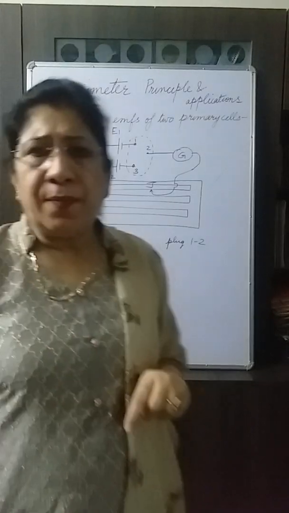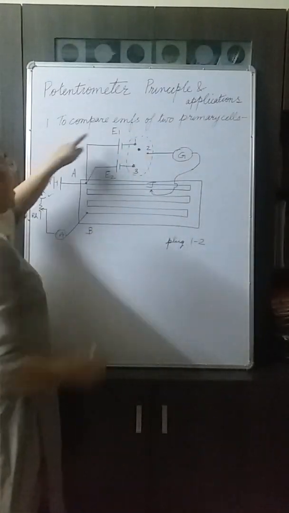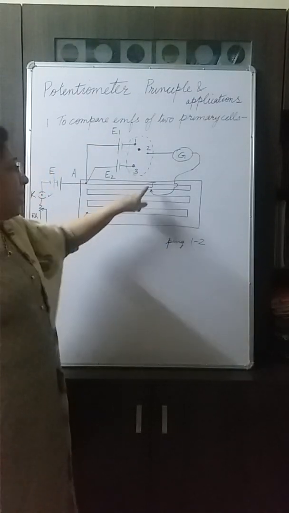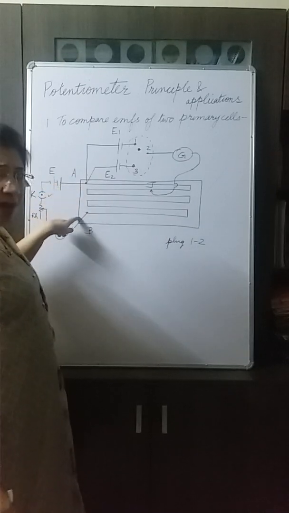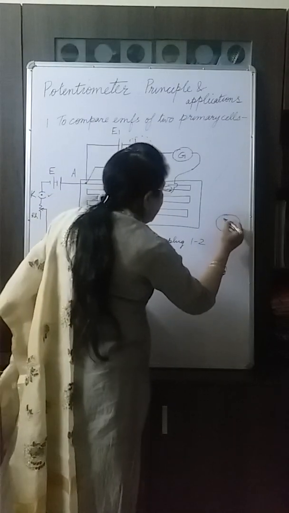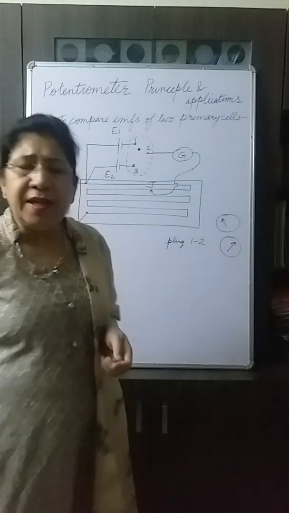This means when this is closed, the cell E1 is in circuit. Then taking the jockey, we place the jockey at A and B one after the other. If the deflection in the galvanometer is opposite in each case, then our circuit is correct and we can proceed with the experiment.